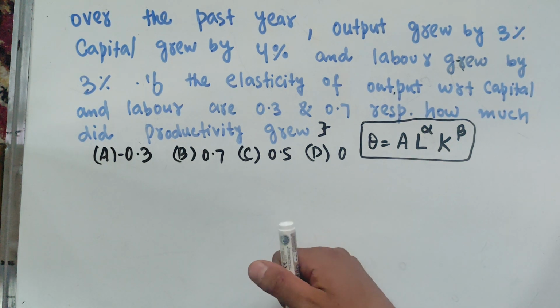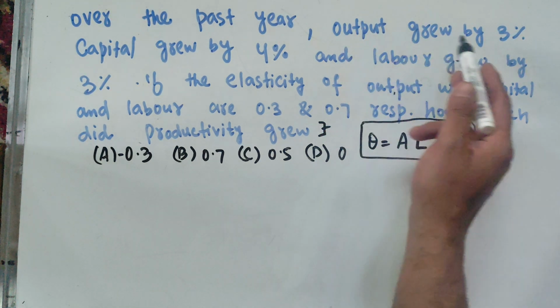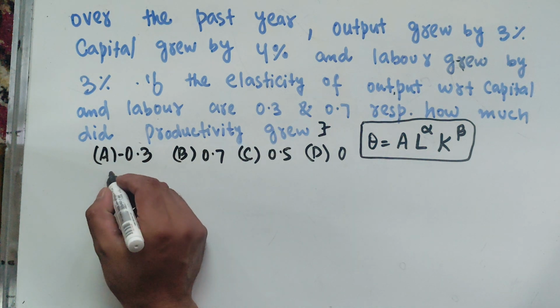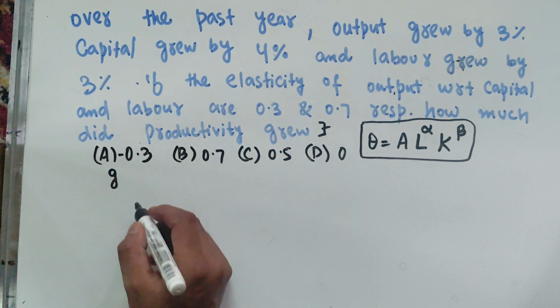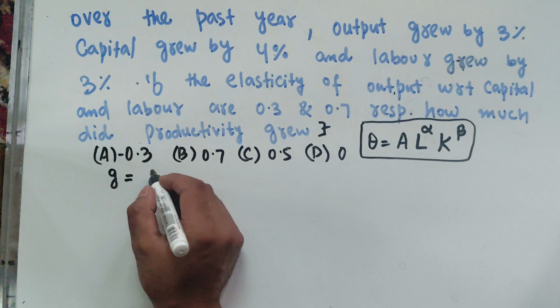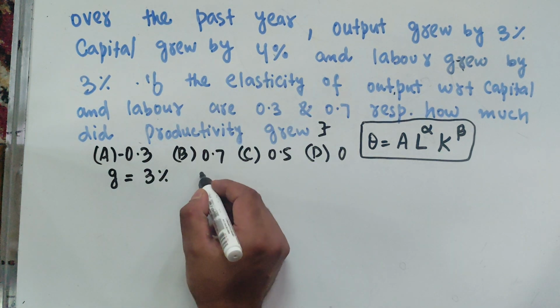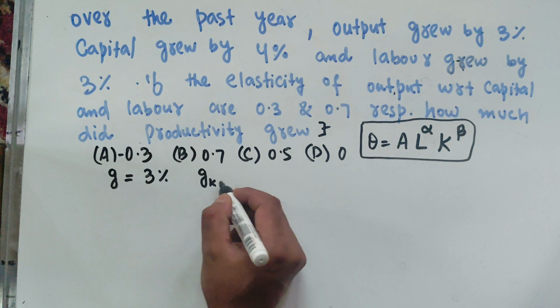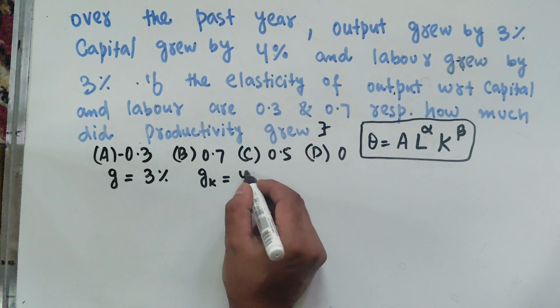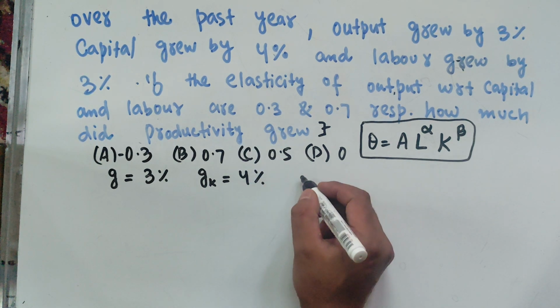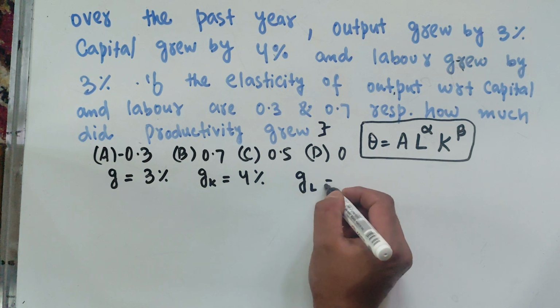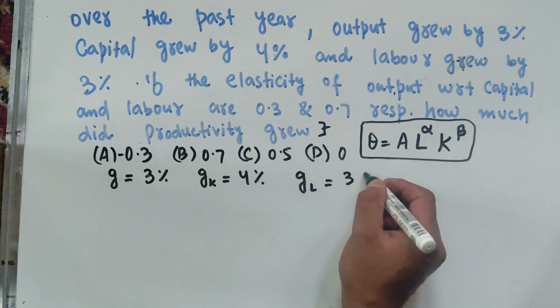Having said that, now what we are being told is that the growth rate of output, let us denote it by G, is 3%. Growth rate of capital, let us denote it by GK, is 4%. Growth rate of labor is 3%.